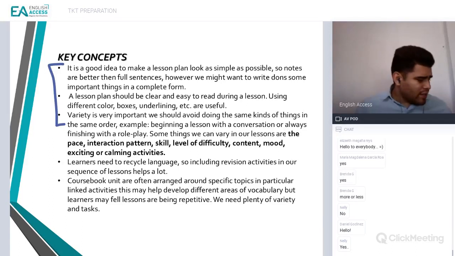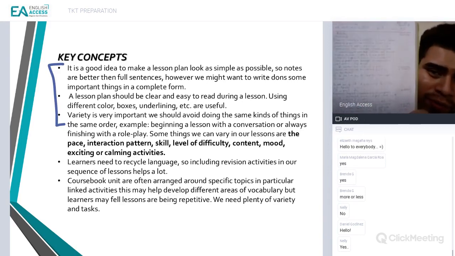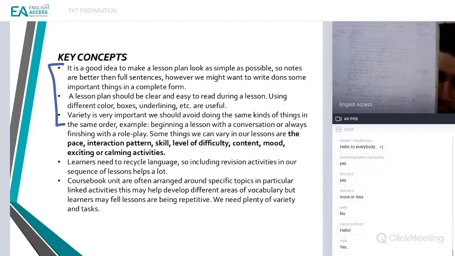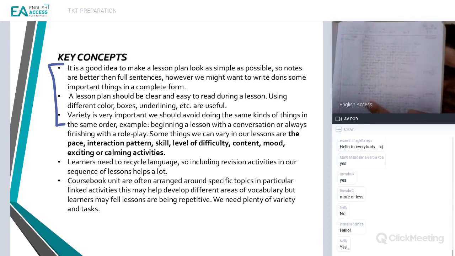Something that helps a lot with planning lessons is if you have these type of notebooks that have little squares on them. I know it's kind of difficult to see, but that kind of helps me organize my things, putting everything in the correct lines and stuff.